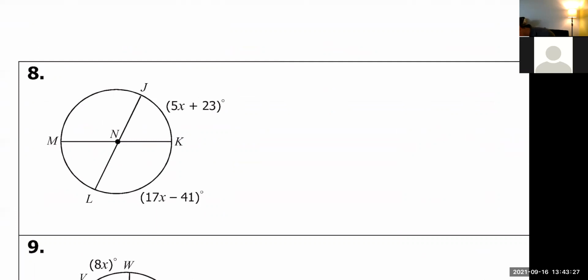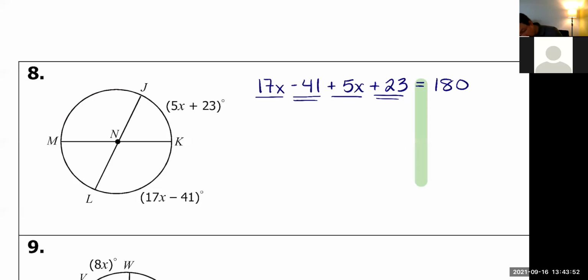So 17x minus 41 plus 5x plus 23 should equal 180. Combining like terms, I think I get 22x minus 18 equals 180.